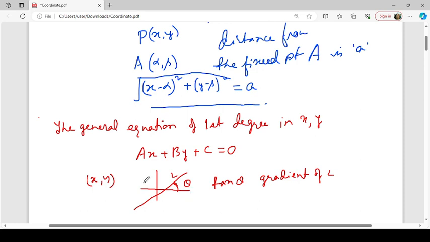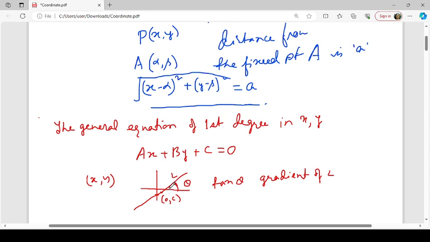Now this is the angle theta. Then this tan theta is given by this. Say this point is (0, c). This point is (x, y).